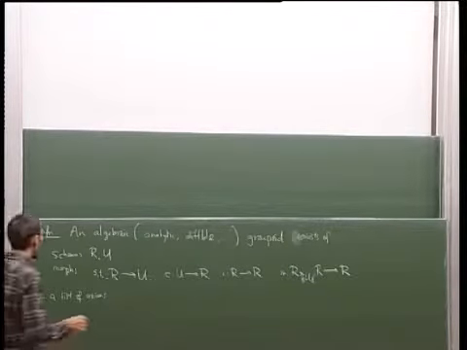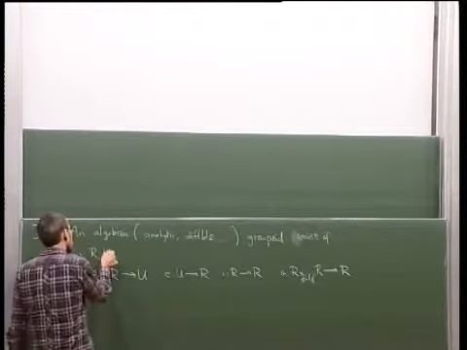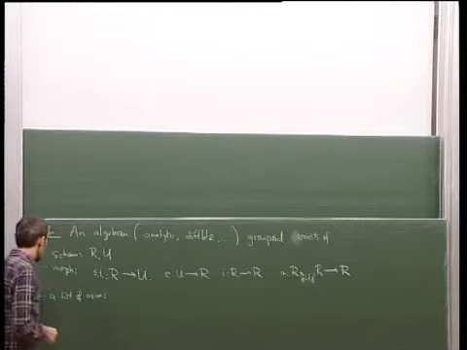So where you should think of U as a set or a scheme of objects and R as a scheme of morphisms.